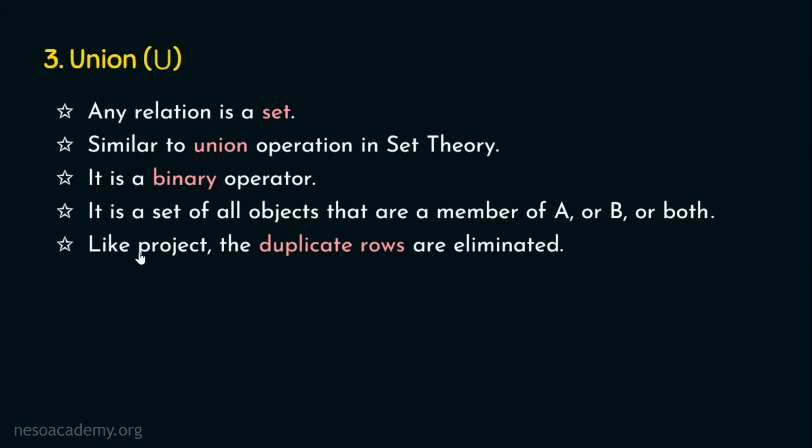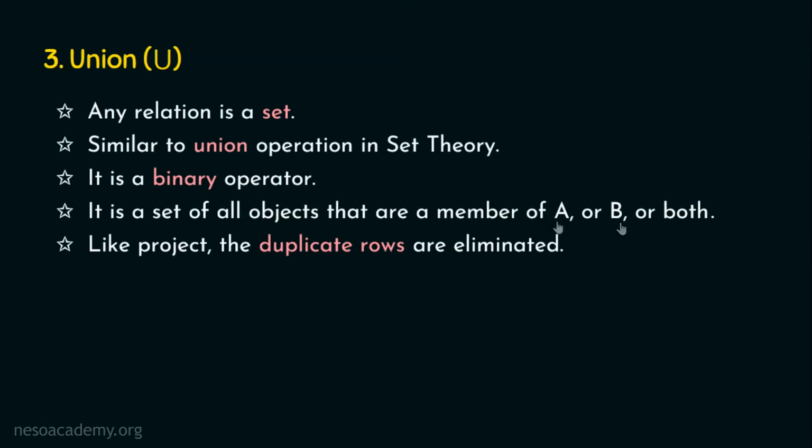So like the project operation, here also the duplicate rows are eliminated. Let's say A contains some list of fruits, for example apple, mango and grapes. And B contains apple and strawberry. When we perform A union B, we will get apple only once. Why? Even though the fruit apple is in both the sets A and B, we get only one apple in the result.